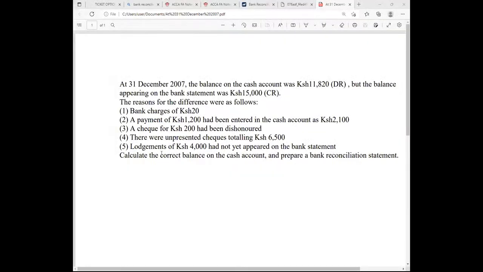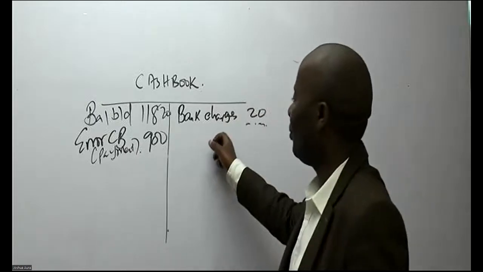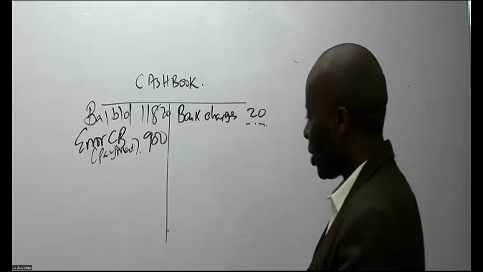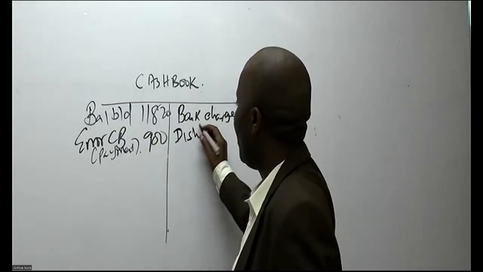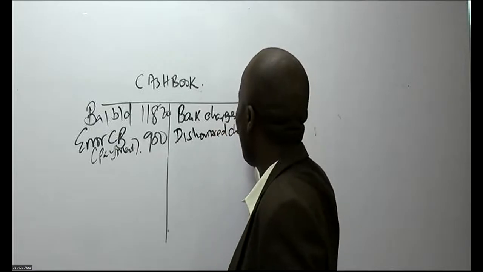Here we are saying a check for Kenya shillings 200 had been dishonored. Here, I don't even have to reason at all. When I'm told that there is a dishonored, a bouncing check, what I need to do, straight away, is credit the account. So here we have a dishonored check of 200.